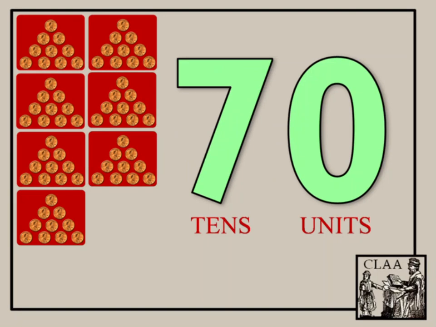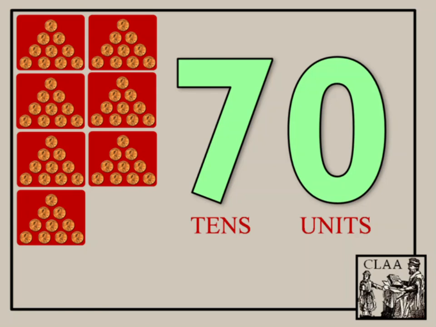How many pennies are on this screen? Go ahead and count how many sets of 10. 1, 2, 3, 4, 5, 6, 7. There are 7 sets of 10 pennies. 7 sets of 10 is called 70.